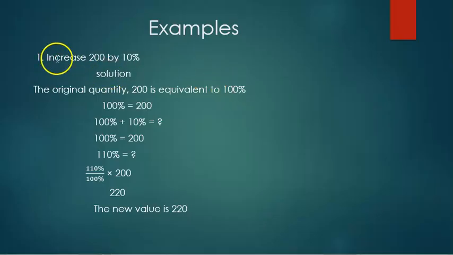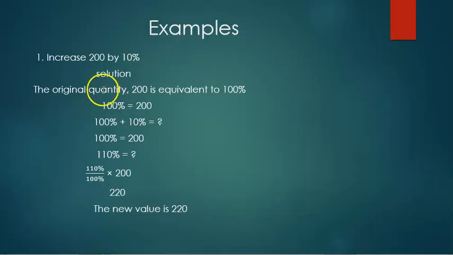If we are to increase 200 by 10%, it means that the original quantity we are going to increase is 200. And we also know that the original quantity in percentage is 100. So the original quantity 200 is equivalent to the original quantity in percentage, which is 100%.